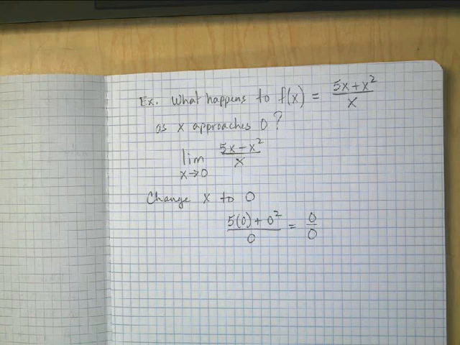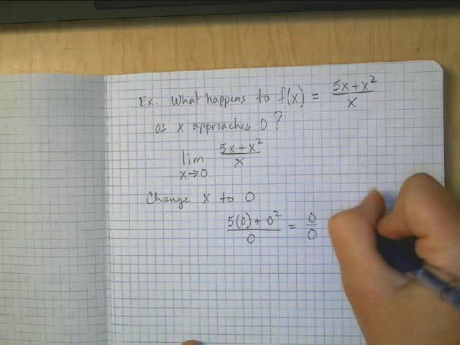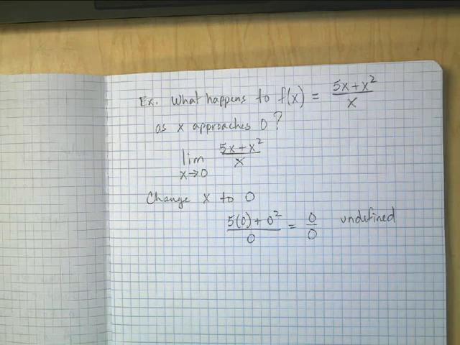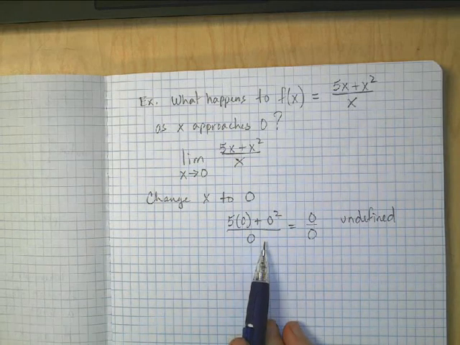All right, so that's a problem. I'm not allowed to divide by 0. So apparently my function is undefined when x equals 0. But that doesn't mean that it's not approaching a number. This could be coming really close to something, but just never reaching it. So what is it getting really, really close to?